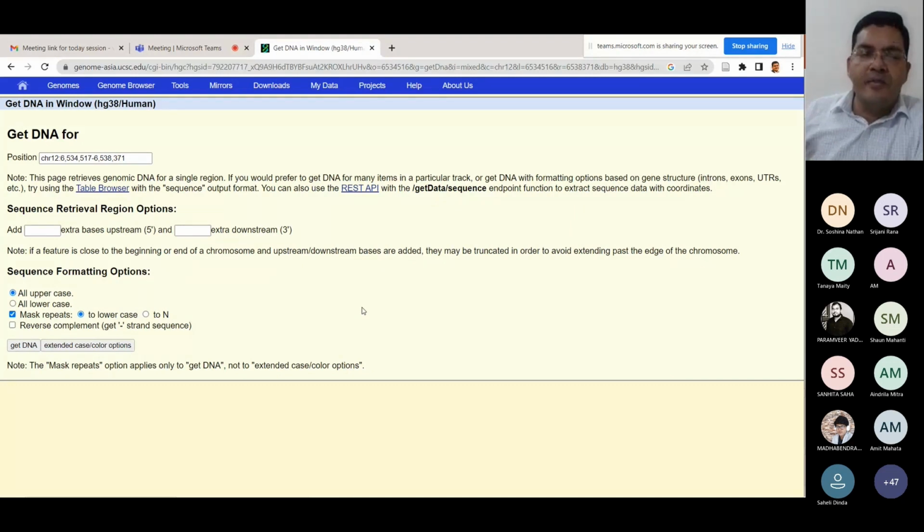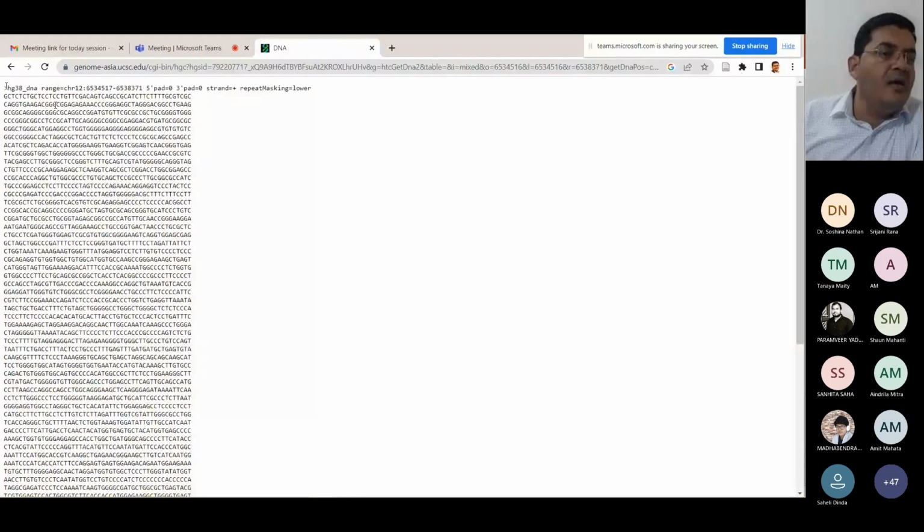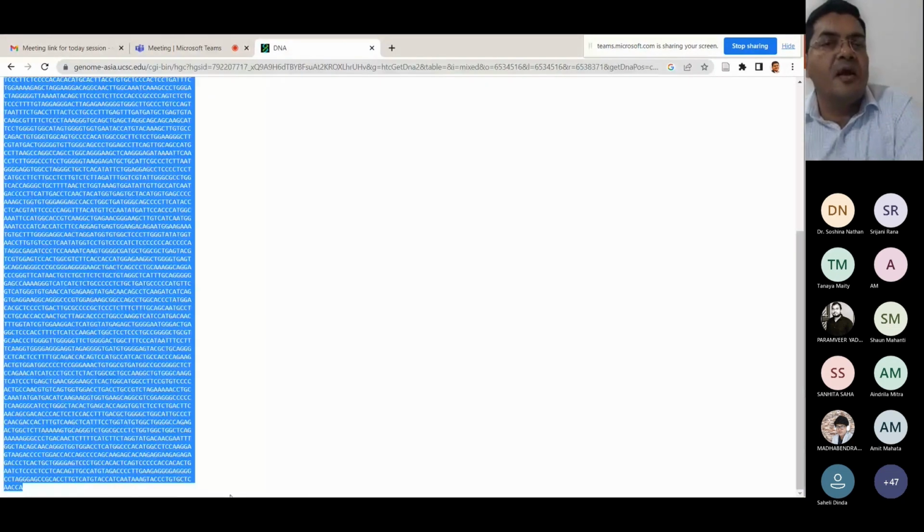So therefore, in this case, you are not doing a hard masking. You only do a soft masking because you want the nucleotides to be visible to the software that is looking for the orthologous locus in chimpanzee, right? So we say get DNA, and here is our DNA, right? So this is our query, 3855 bases of the GAPDH gene sequence in human.